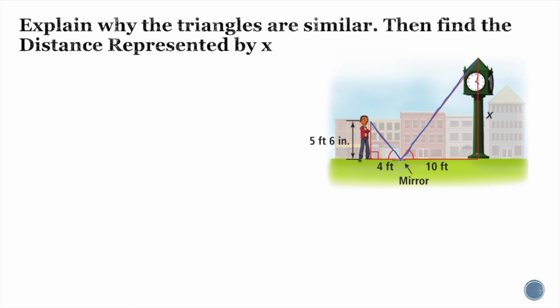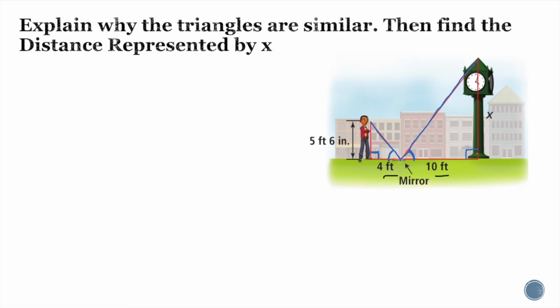So, in order to find an indirect measure, I first know that this angle is congruent to this angle, and I am presuming he's standing up straight to make 90 degrees, and this clock has to be standing up straight, making it perpendicular to the floor, and again 90 degrees. So, I have an angle-angle similarity, and now I can find this indirect measure to find x.